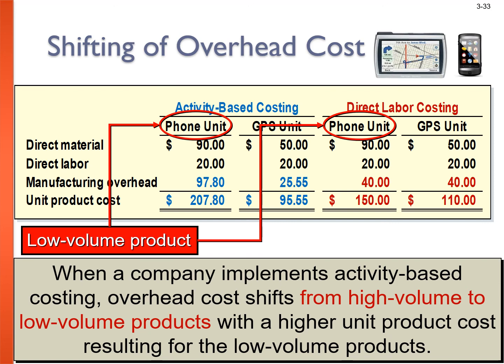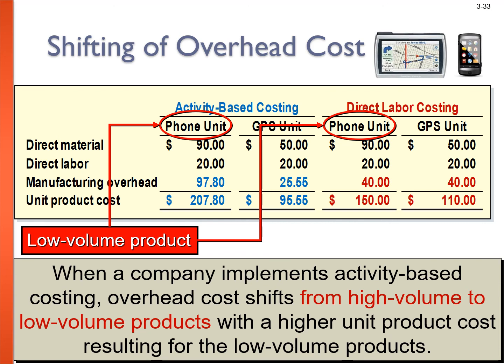So for a low volume product, when a company implements activity-based costing, overhead cost shifts from high volume to low volume products, with a higher unit product cost because there's less of that product. In the traditional sense, they're basing it on labor hours, which probably have nothing to do with the activities overall.